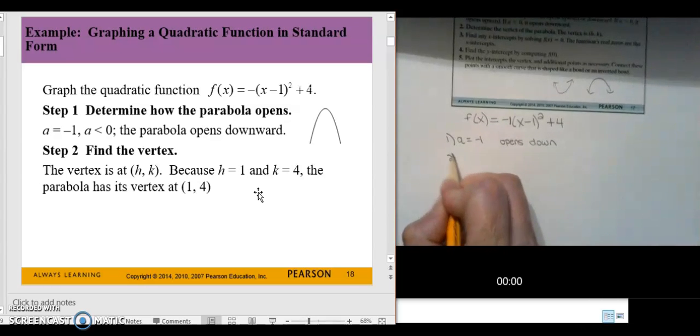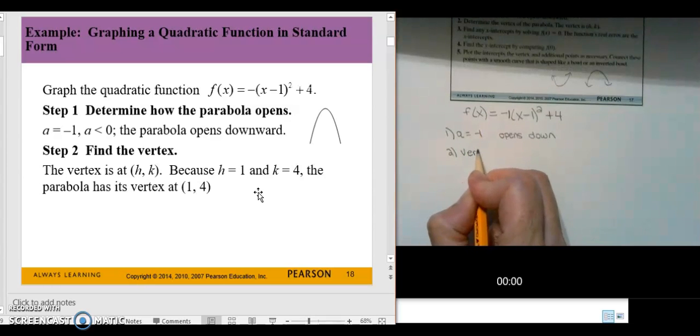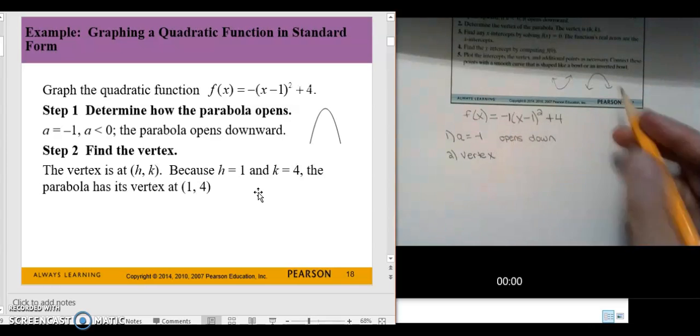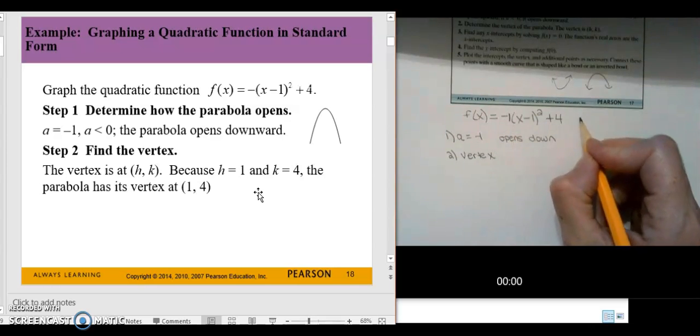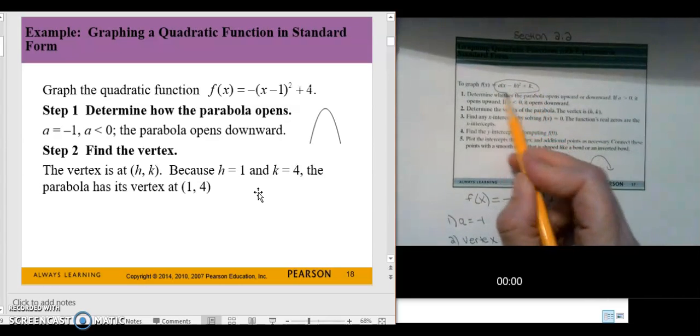The next thing I'm going to do is I want to find the vertex. So I want to find h, k. If you compare this with the original function, which is up here, I'm going to write it right next to it.